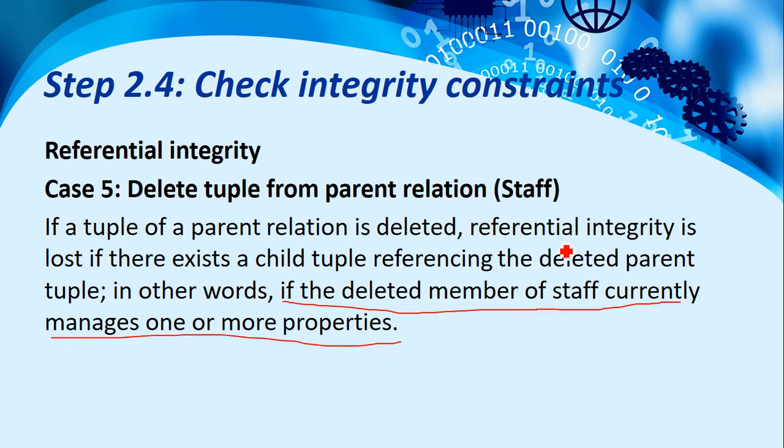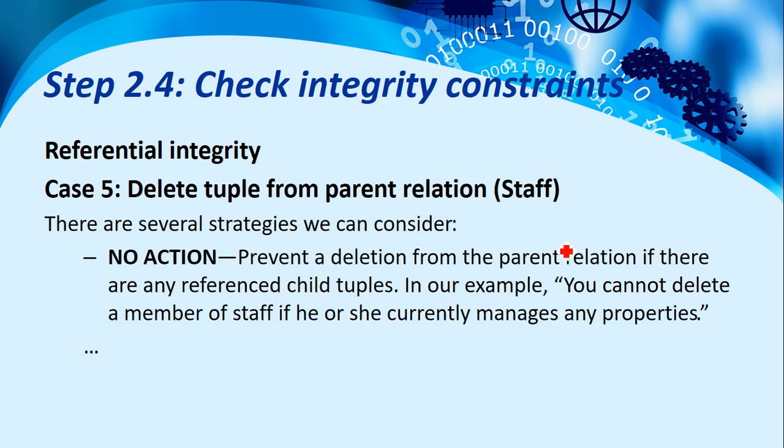There are several strategies for case 5. First, no action: prevent a deletion from a parent relation if there are any referenced child tuples. So in our example, you cannot delete a member of staff if he or she currently manages any properties.